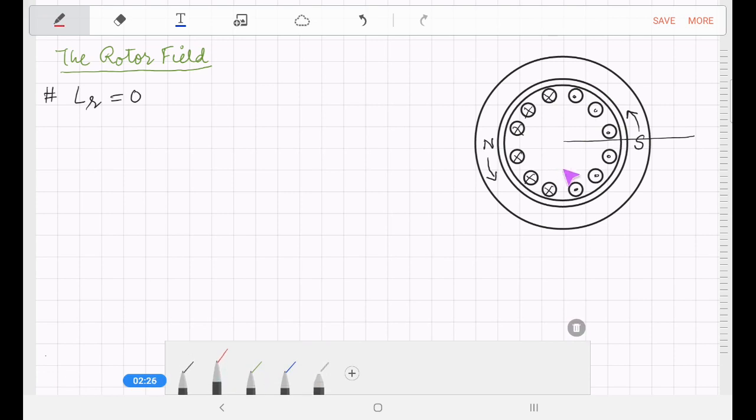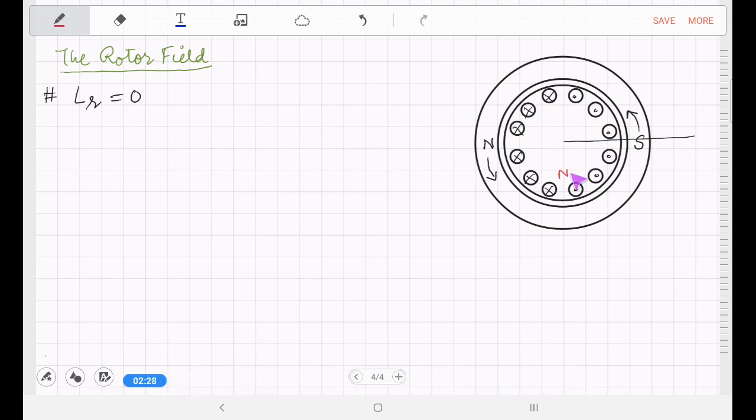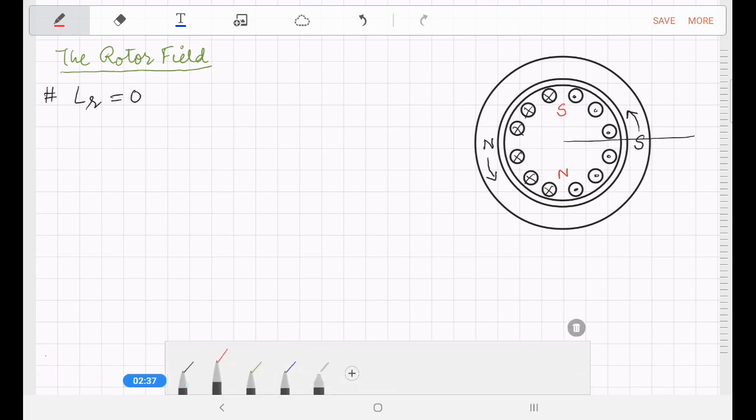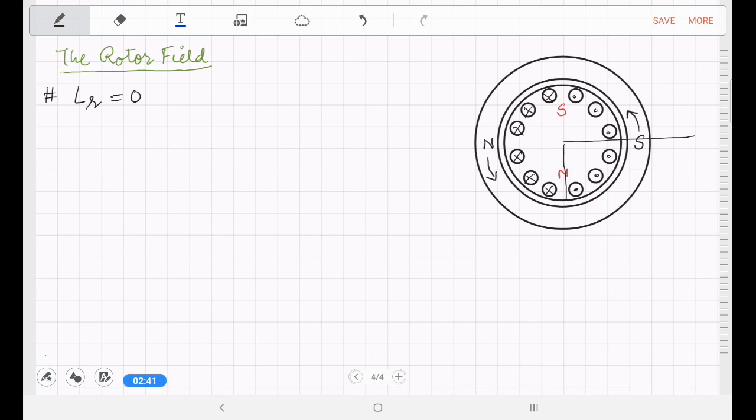Let's show it here. The center of the north pole of the rotor will be here, and the center of the south pole of the rotor will be here, and therefore the rotor field will be directed downwards. The stator field is directed towards the right and the rotor field is directed downwards, so we can show the relationship between the two fields.